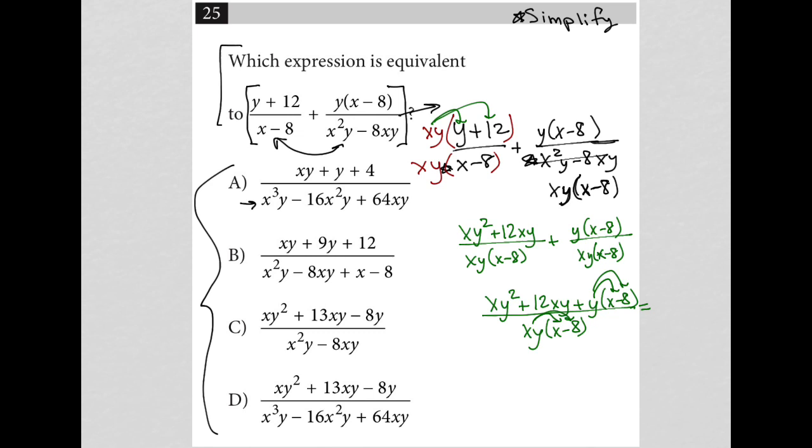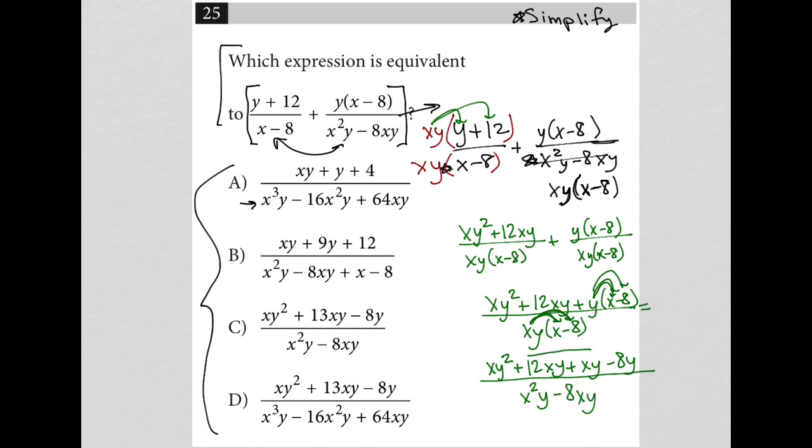So my numerator will now become xy squared plus 12xy plus xy, right? y times x here, and then minus 8y, all over, for the denominator, xy times x, well, that's going to be x squared y. And then xy times negative 8 becomes minus 8xy.